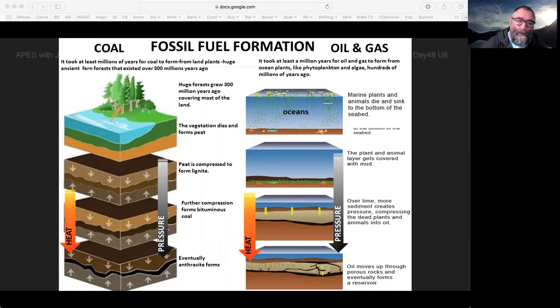So usually we say that coal was made from small pieces of plant material. It's the lignin in plants. So when you take a plant and you grind it up, you get these little pieces of plant fiber. That's mostly lignin. It's a carbon compound that gives plants their structure.